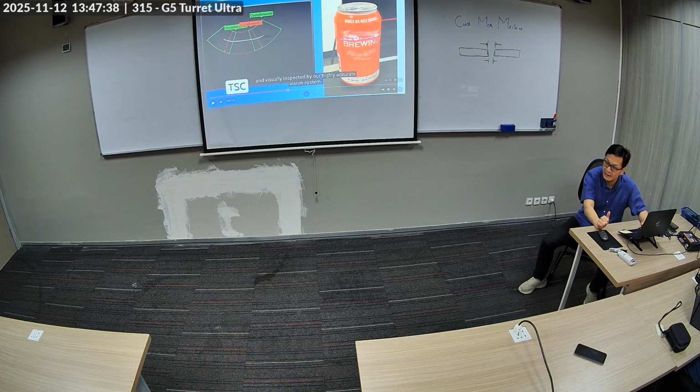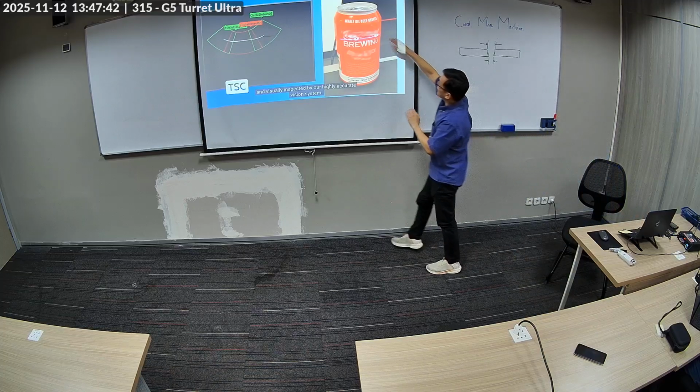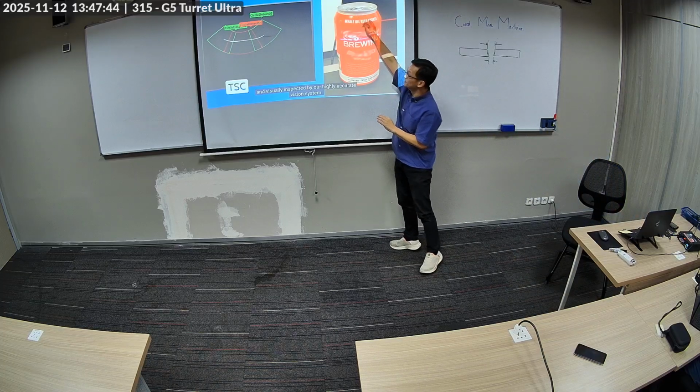Okay, so they weigh the can. They also measure the diameter and detect any irregular seams on it.